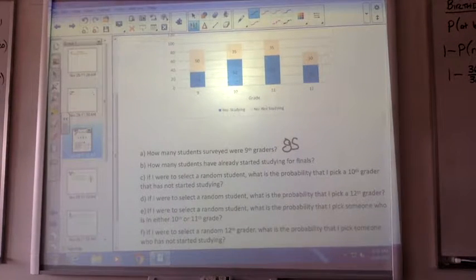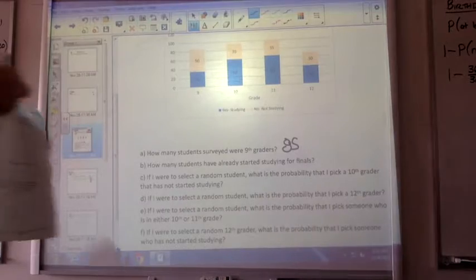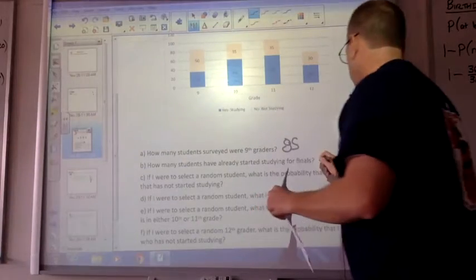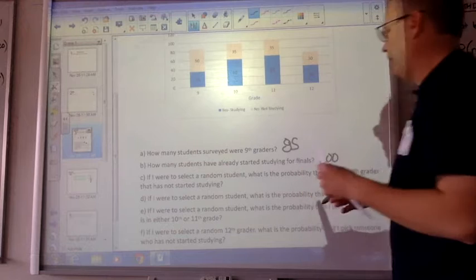I'd be a much better math teacher if I could actually do arithmetic. 35 plus 60 plus 65 plus 40? Is it 200? It's 200, right? So 200 students started to study for the finals.